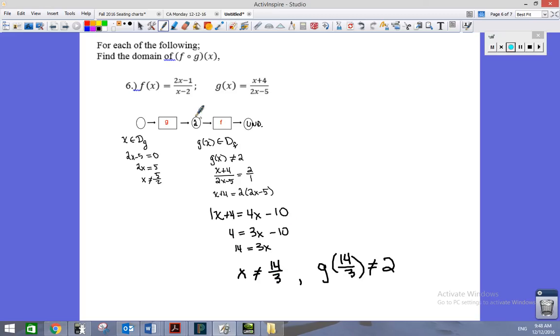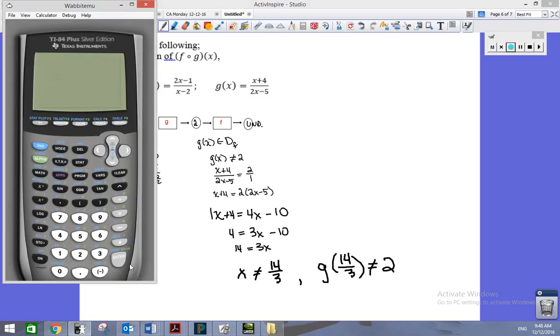So let's see if that indeed is true. Check real quick on a calculator. If I have 14 over 3 in for x, 14 divided by 3 plus 4 is the numerator of g, and then 2 times 14 divided by 3 minus 5 is the denominator of g, and I claim that this should equal 2, and it does.